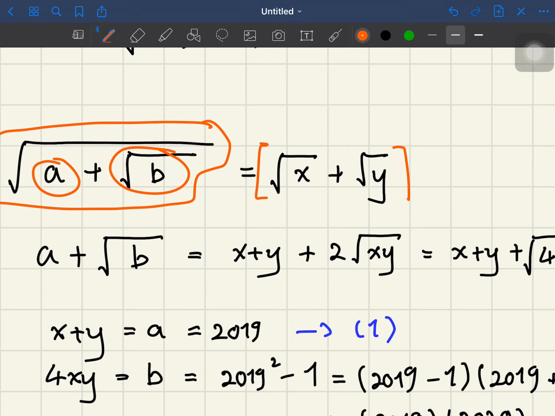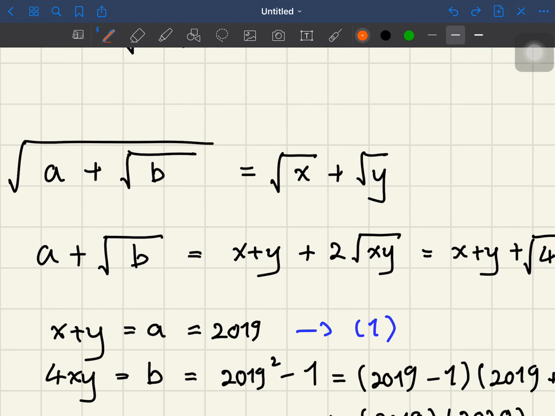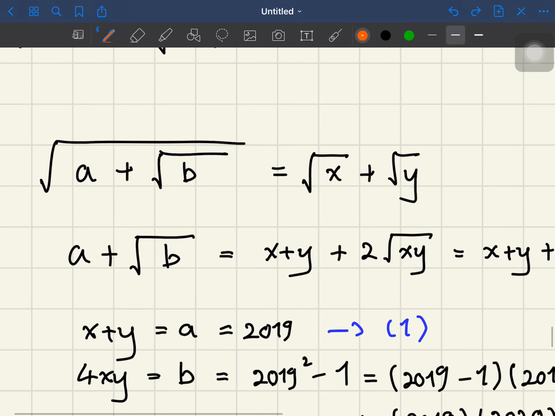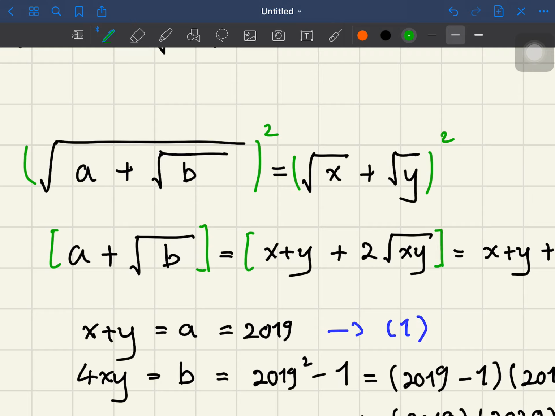Well, the technique when dealing with such nested radicals is to eliminate the square root by raising both expressions to the power of 2. Like so, and hence you will get this. And then this is the first very important surd identity.